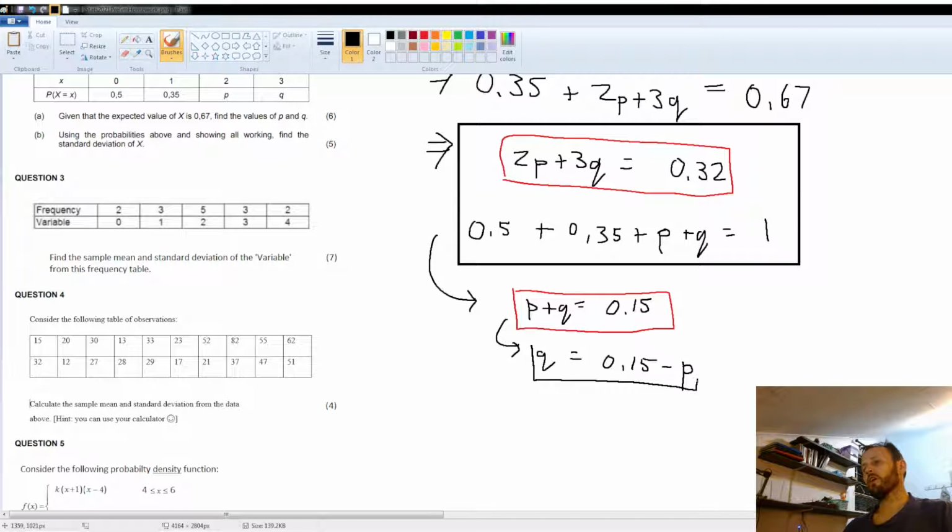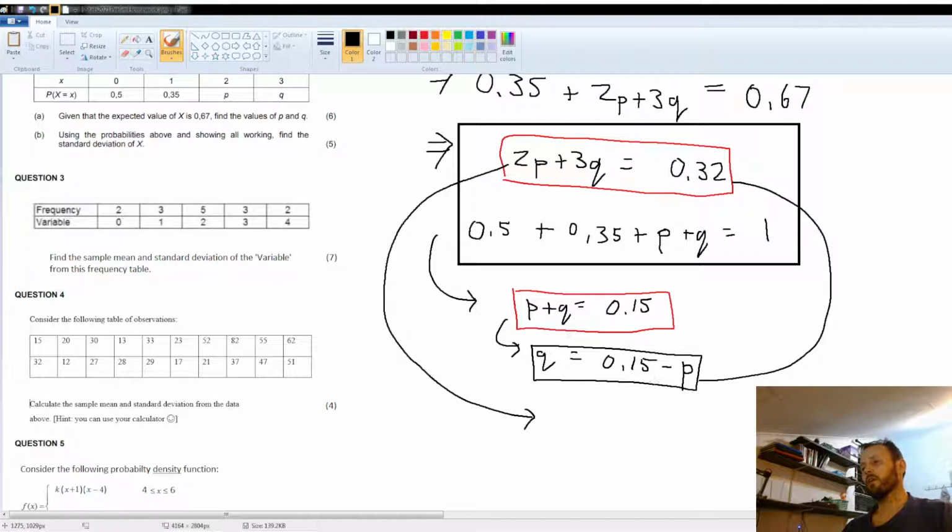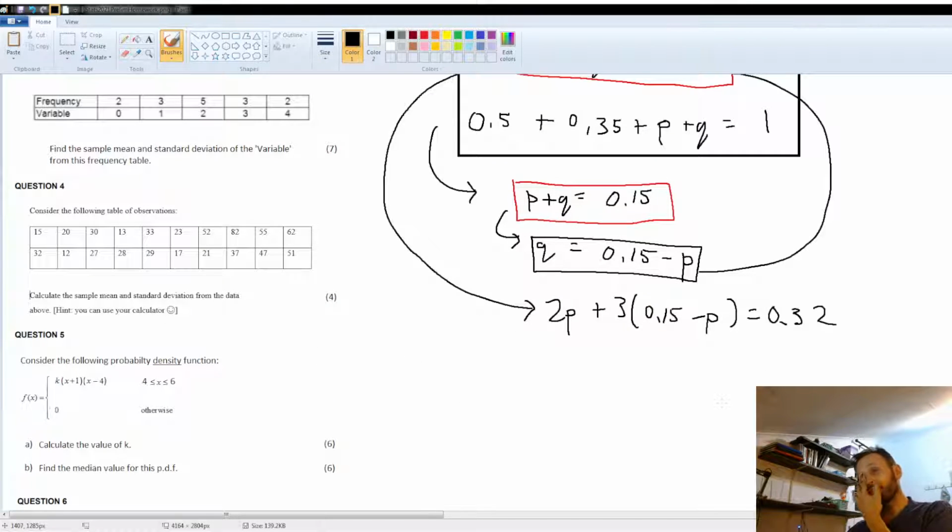So you take that equation and stick it in here. What does that give you? That gives you that it's 2p plus 3, and now we eliminate the q, it's 0.15 minus p equals 0.32.